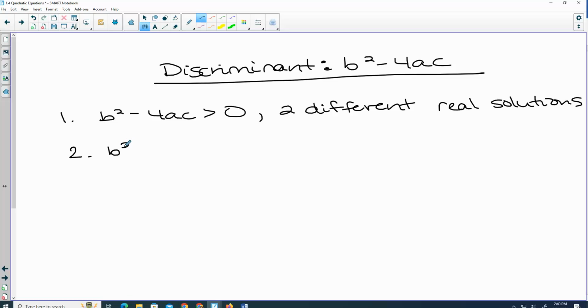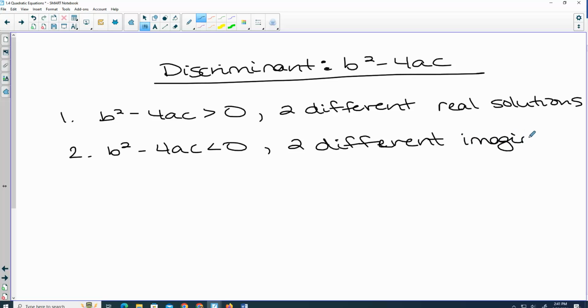If you have a negative under the radical, what kind of answer do you get out? When we have a negative, that's when we get i's. So if it's less than 0, we get two different imaginary solutions.